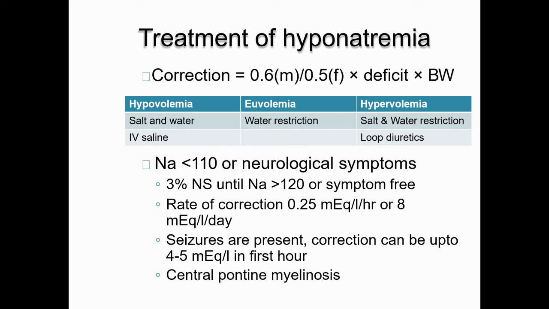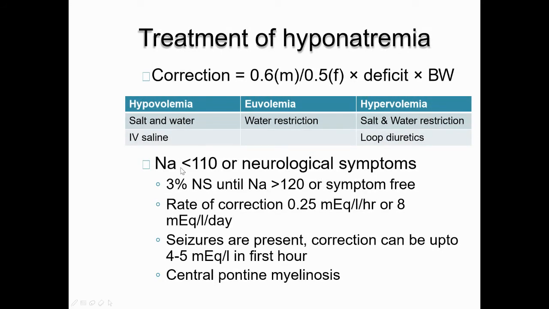So what are the things you will come across during treatment of hyponatremia? Seizures will be present. Correction can be made up to 4 to 5 milliequivalents in the first hour. If the sodium is less than 110, the neurological symptoms will happen.